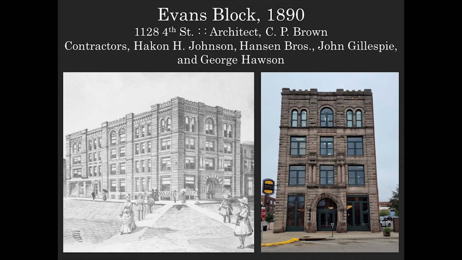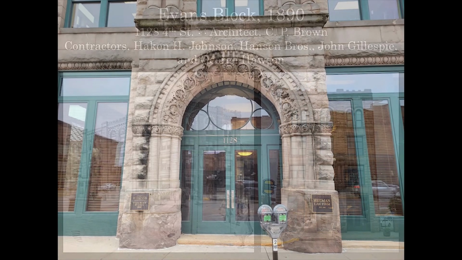The Evans Block, built in 1890, is perhaps Sioux City's best example of commercial Richardsonian Romanesque architecture. This building at the corner of 4th and Iowa was designed by Charles Porter Brown and built by contractors Hawken A. Johnson, the Hanson brothers, John Gillespie, and George Hobson. We're going to take a close-up look at the main entrance of this building right here.